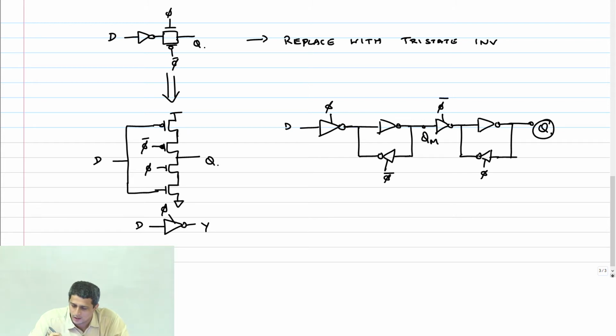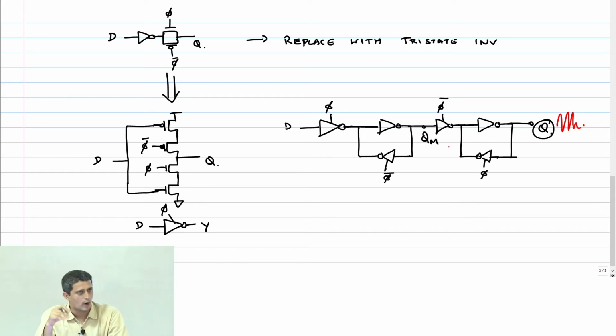Then this feedback path can potentially get affected, because remember, this is trying to hold some data in a feedback mode. If the noise is large enough that it could flip it, then the state of that flop can potentially flip.